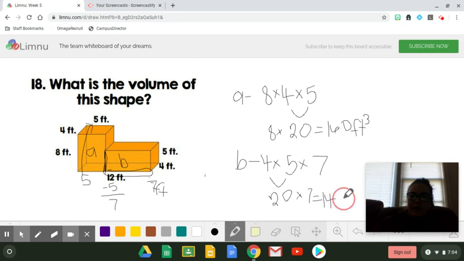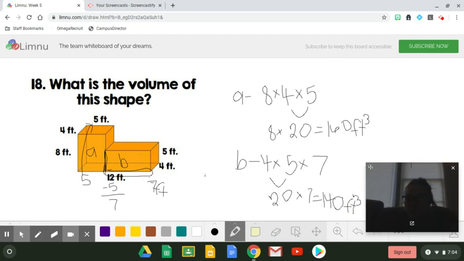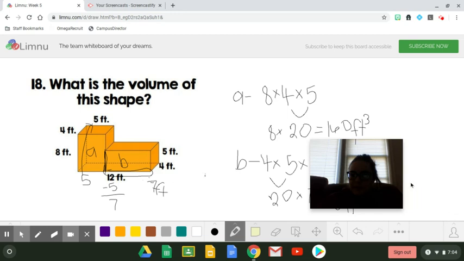And then I can add a 0. And so this part B, the volume is 140 feet cubed. Wonder if I can move this guy. Oh yeah, I can move him.